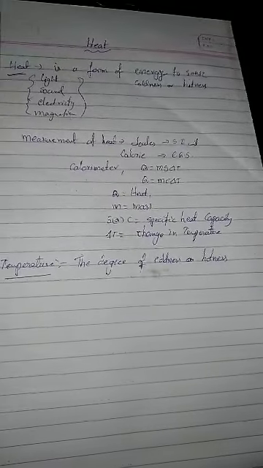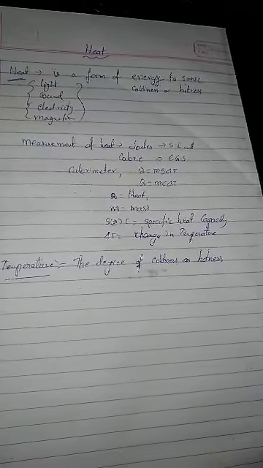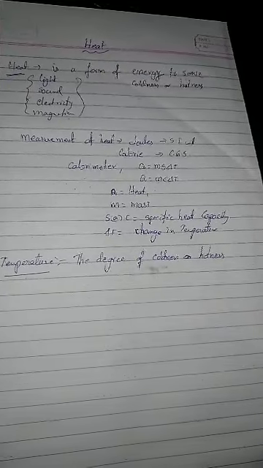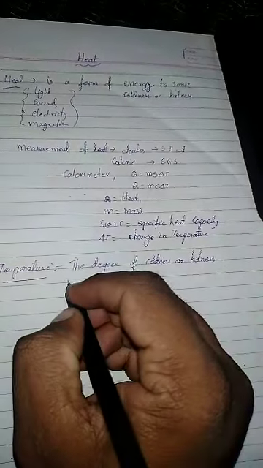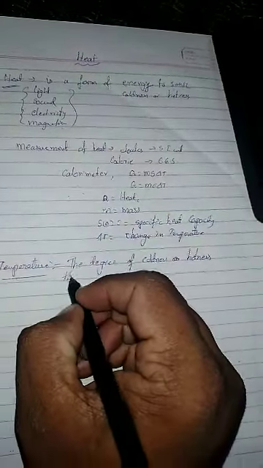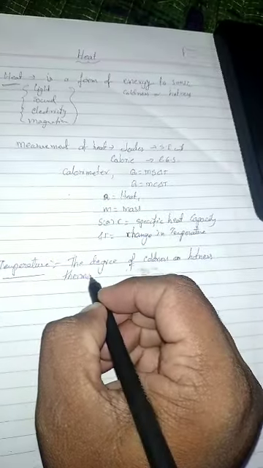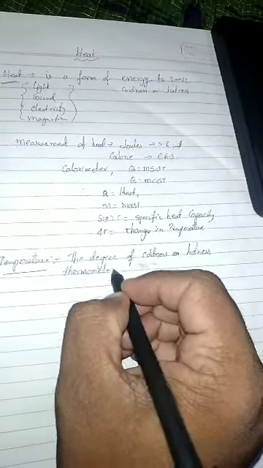Whether the object is a cold body or a hot body, how much coldness or hotness it has, the degree of what we feel is called temperature. Temperature is measured using a thermometer.